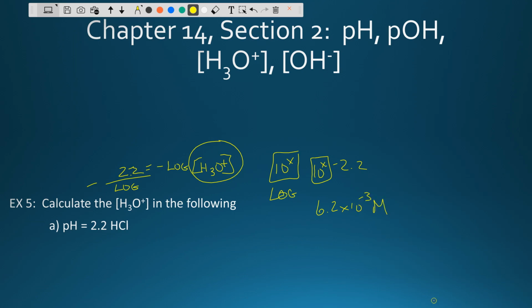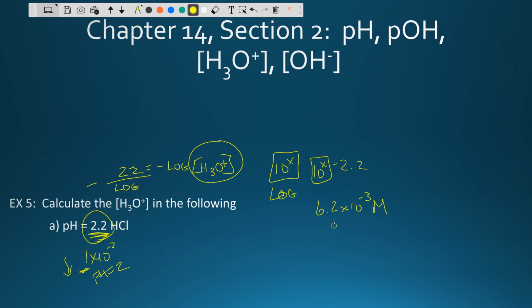Okay? Now I want you to notice something with this. If I see the pH as 2.2, I want you to think, if this was 1 times 10 to the negative second, then I would get exactly a pH of 2. But this is just a calculator check to make sure you're doing it right. Since this is not a whole number, the coefficient in front would bring the pH down a little bit.